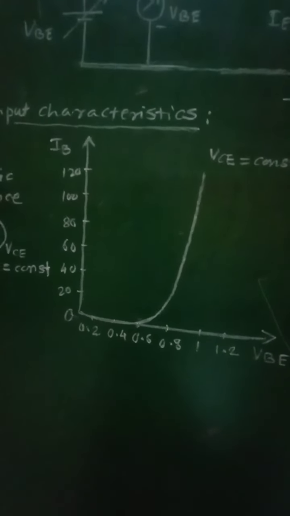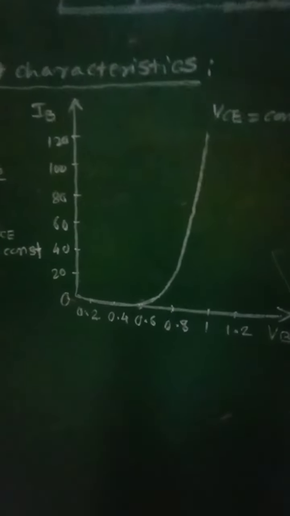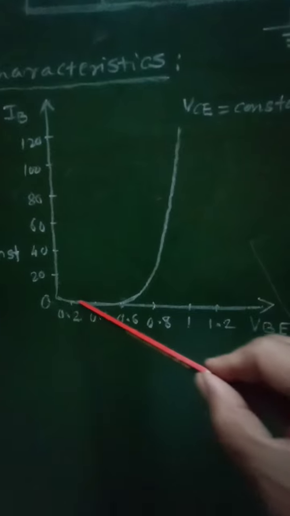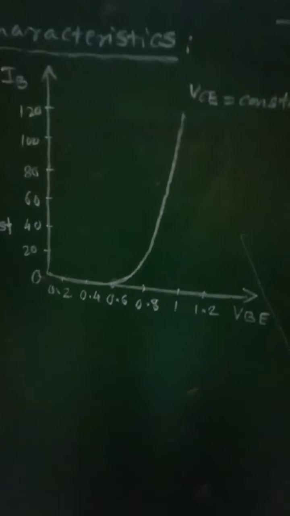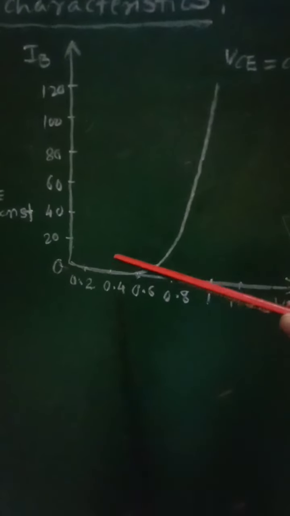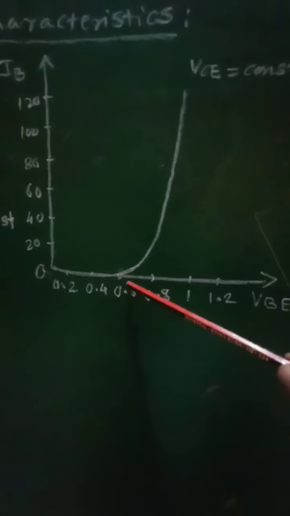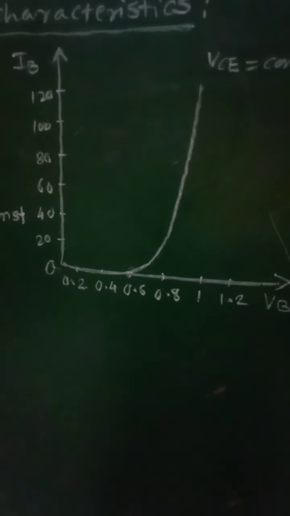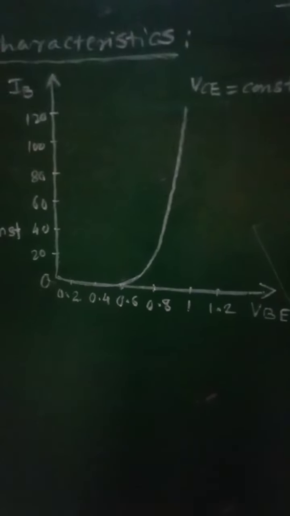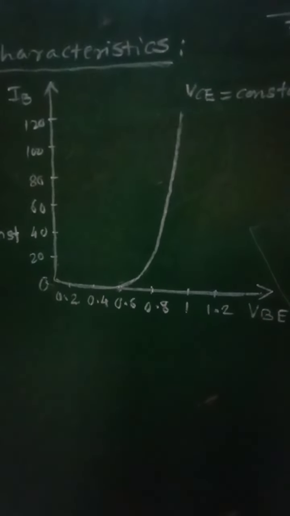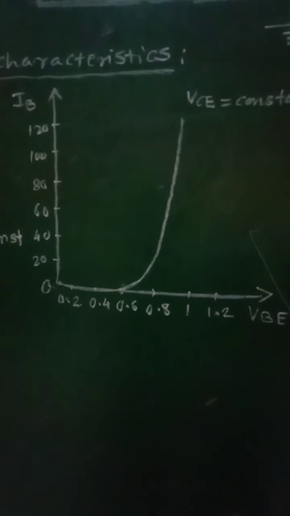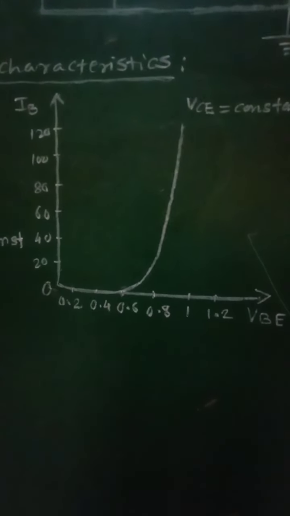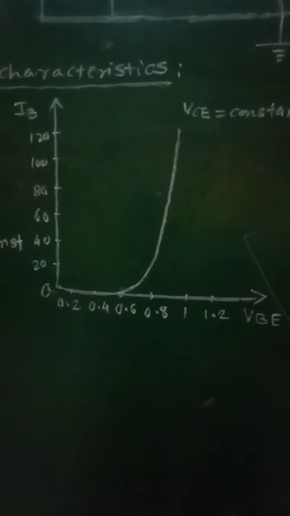So the nature of the graph is similar to the characteristics of a forward biased PN junction diode. That is, for small voltages the current will be nearly equal to 0. After a particular voltage there will be an increase in current, and after that there will be a sudden increase in the current. So this graph represents the input characteristics of the common emitter configuration. That means here VBE must be greater than the barrier potential.